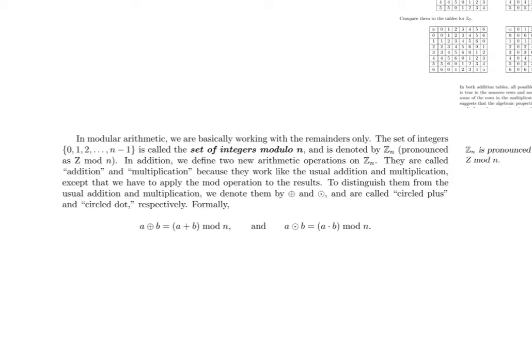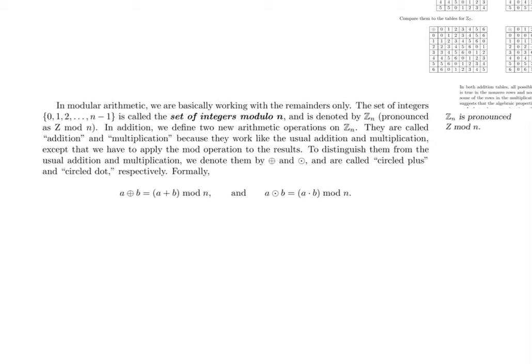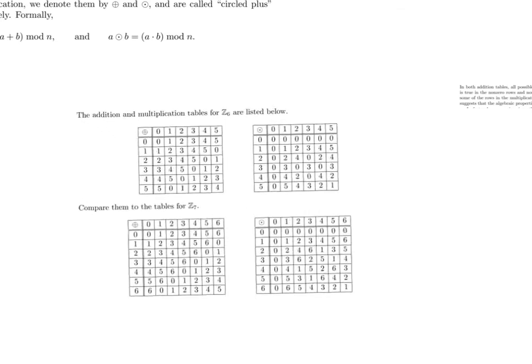Basically what we do is we just add the two integers and then reduce them mod n. Same with multiplication. And because this is an operation, we can make an addition table and a multiplication table. We're going to look at some examples of these right now.